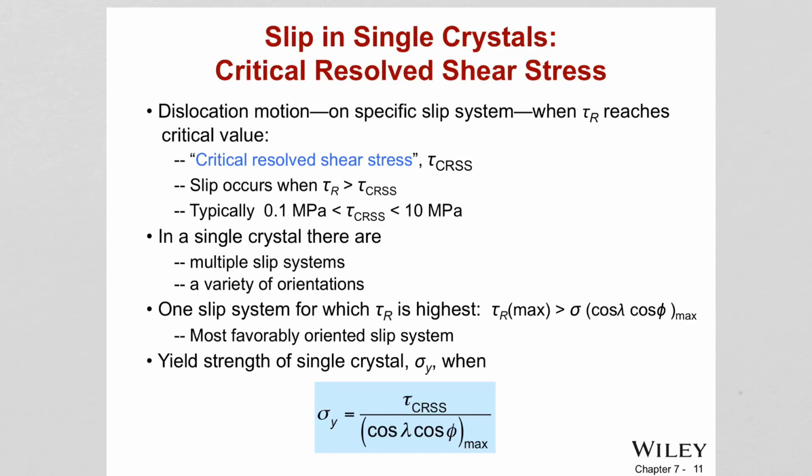And that stress level is called critical resolved shear stress, shown here, shear stress with a subscript critical. So when you have resolved shear stresses that are equal to or bigger than this critical shear stress, now your dislocations can move inside the material.